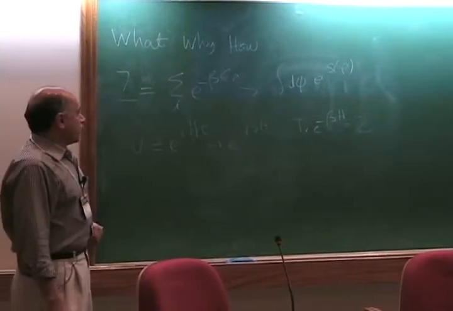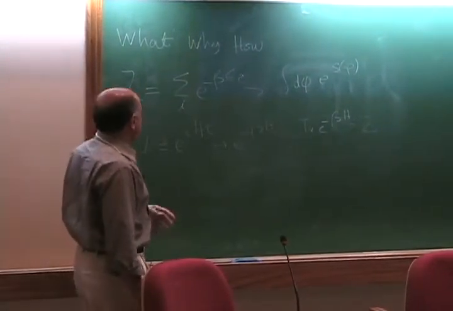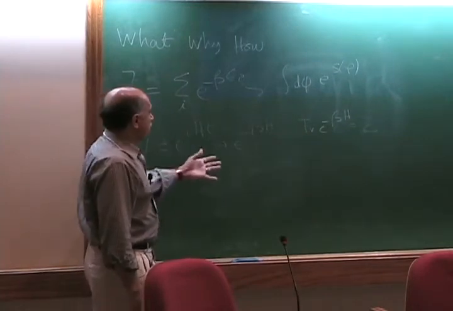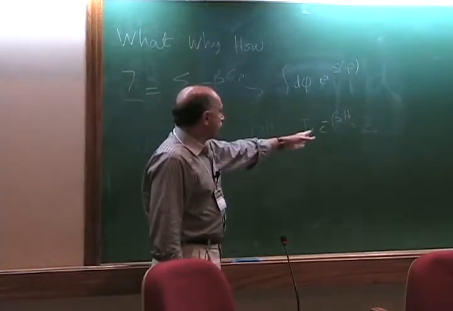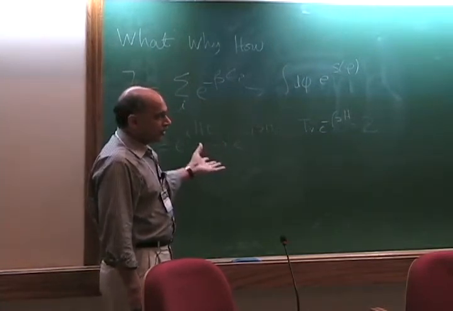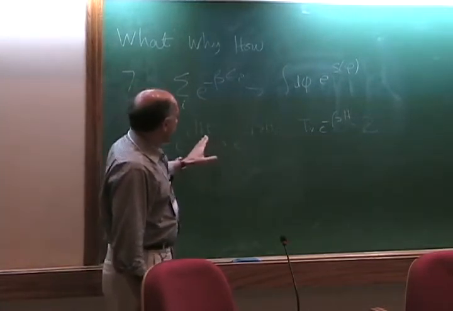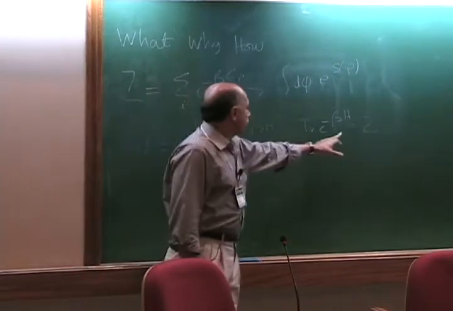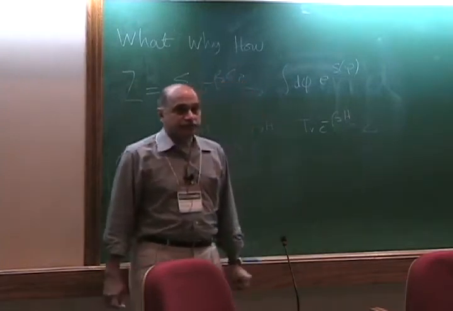So that's a very intimate connection between quantum statistical mechanics and real-time evolution of quantum systems. If you can solve this problem, you're getting the answer to this problem in the complex plane, and you just got to rotate by 90 degrees. So I will not make the distinction, and I will treat all these problems as problems of this type.